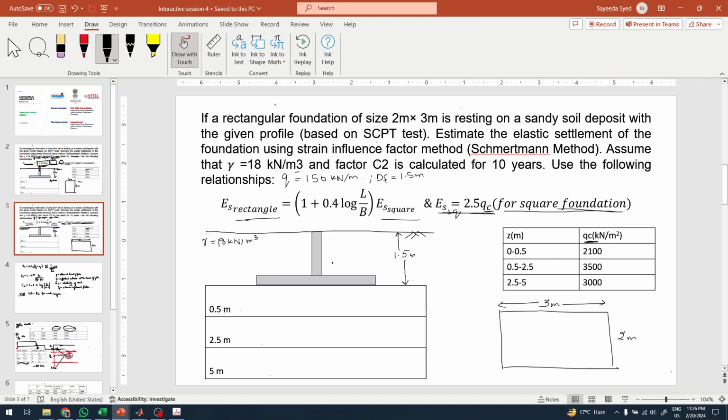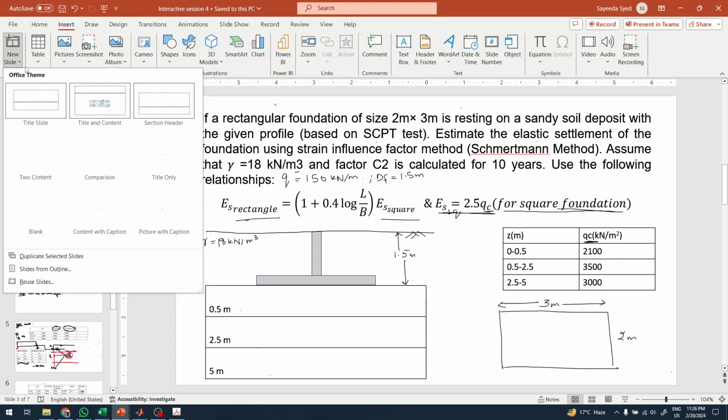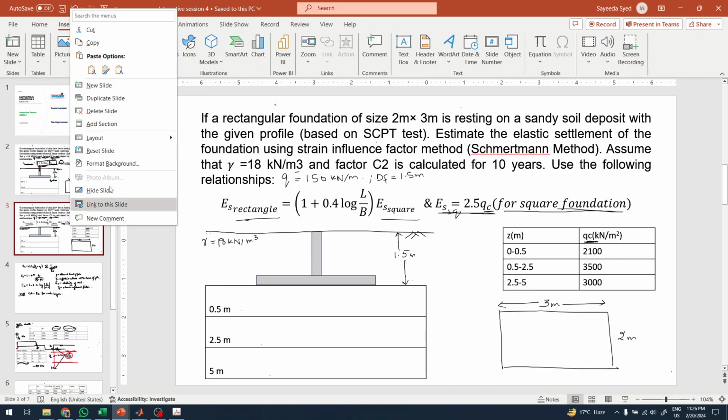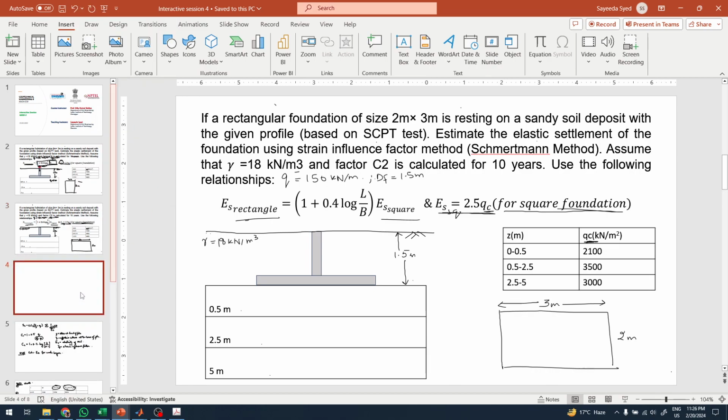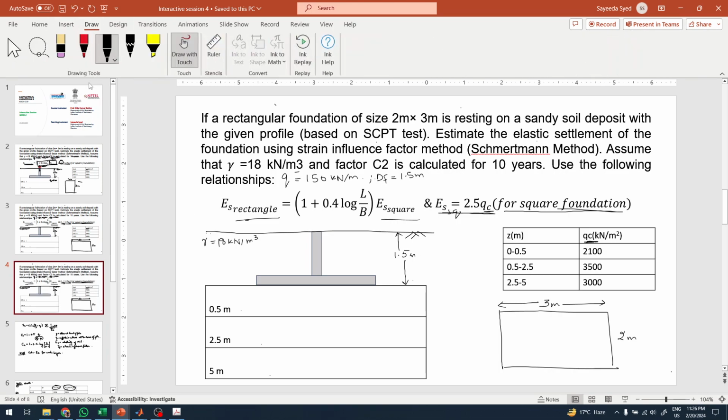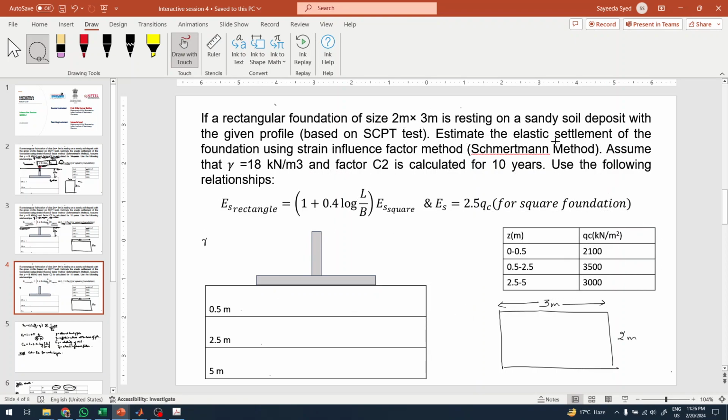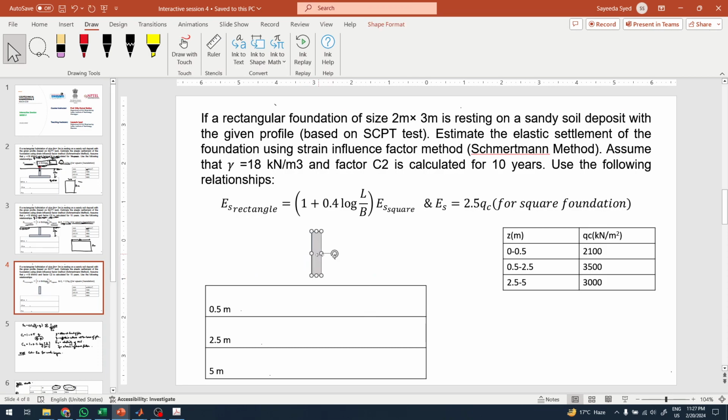So let us draw a table. Let me remove all the scribblings from this page.